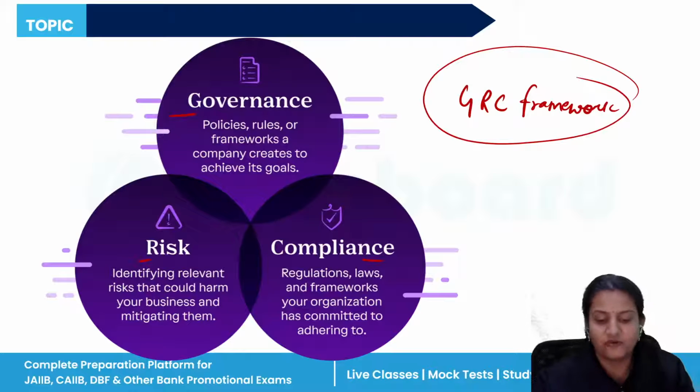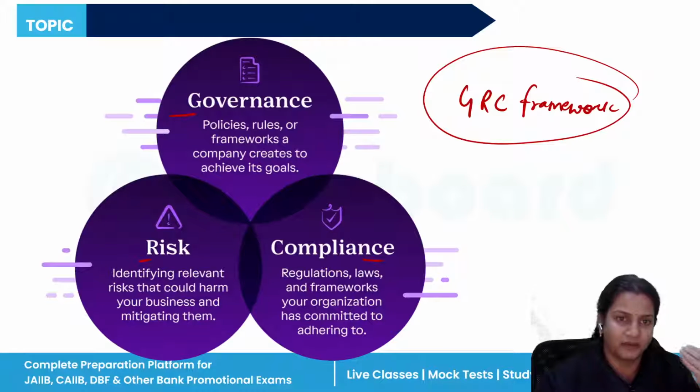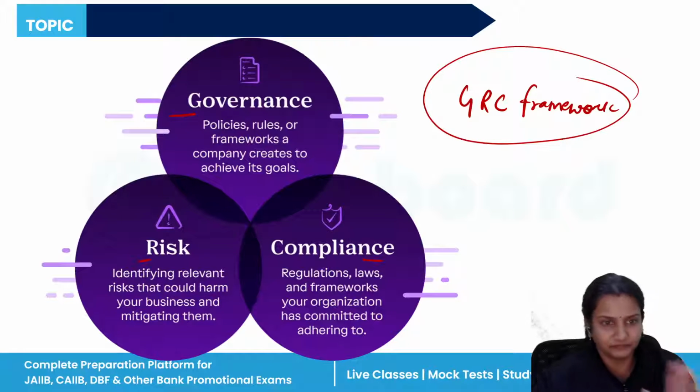Before the GRC framework, they had a separate department for governance, a separate department for handling risk, and a separate department for maintaining compliances. At the same time, multiple activities are taking place, and every activity is related to the others. These activities are interrelated.